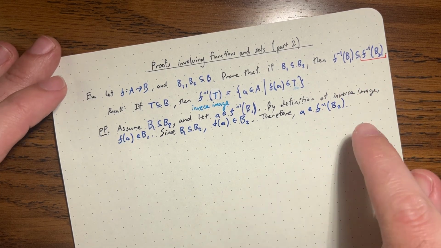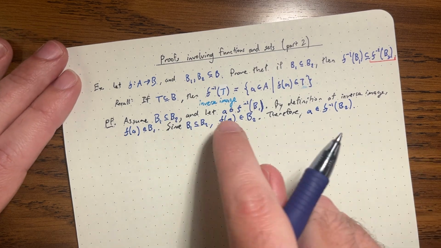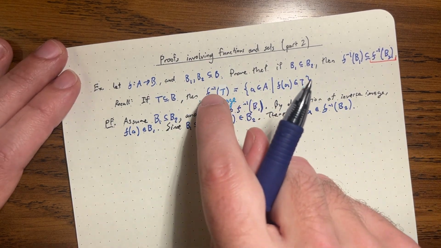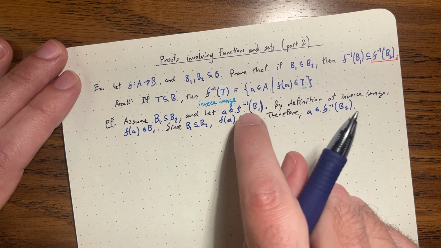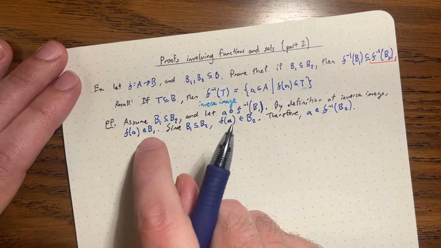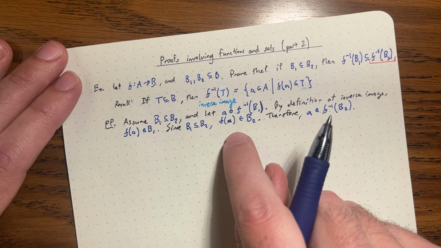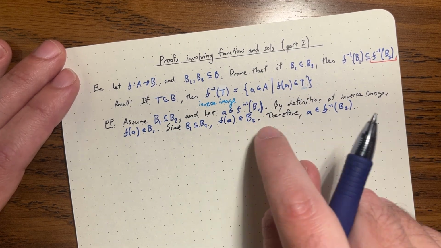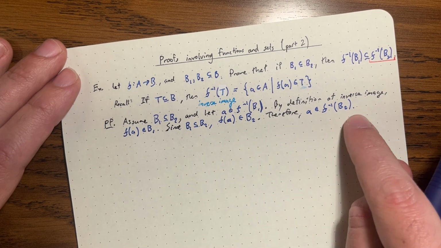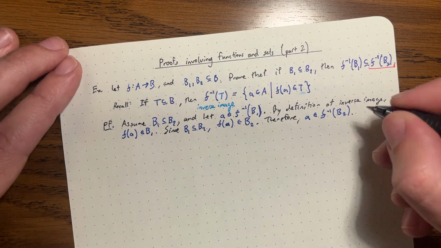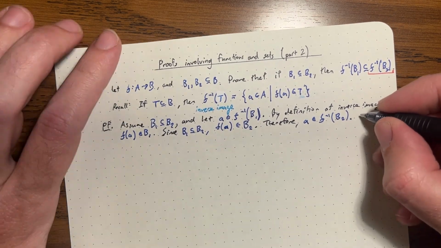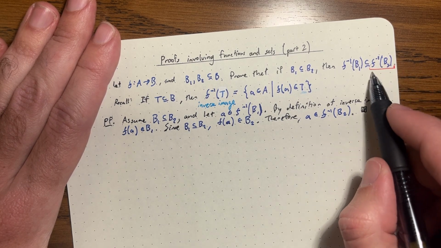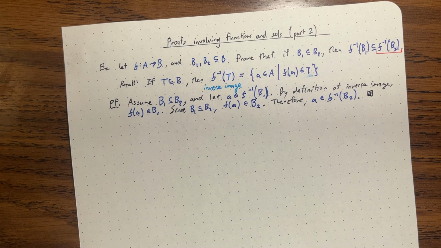This is a really good proof to nail down this concept of inverse image, because we're using the definition two times. First, we have a in this inverse image, and we have to write down what that means. Then here we identify what it means for a to be in the inverse image, so we're using it backwards. This is a good proof to go over a few times to make sure you understand all the steps. But we are done, because we showed that our arbitrary element is over here.